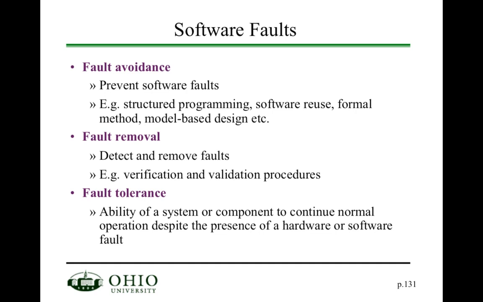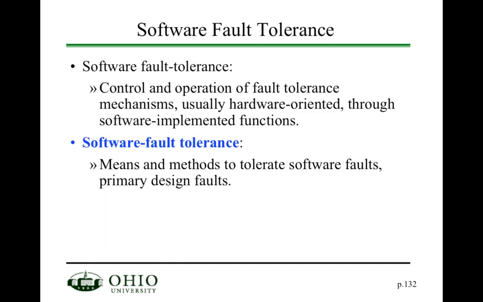In terms of hardware, that means that all 3 need to fail. In other words, it's a parallel system. With software, you can do similar things. So in software fault tolerance, these are the methods that you can use to make sure that the software can tolerate multiple faults.